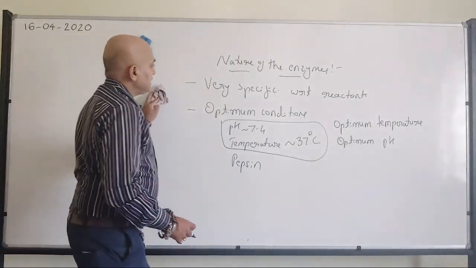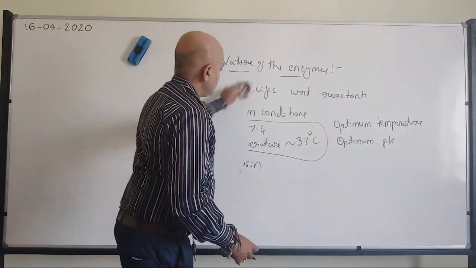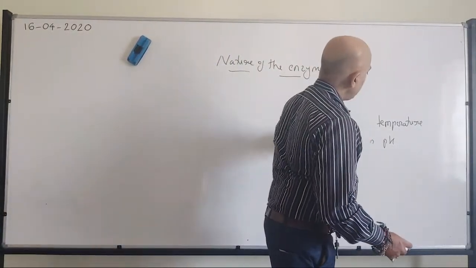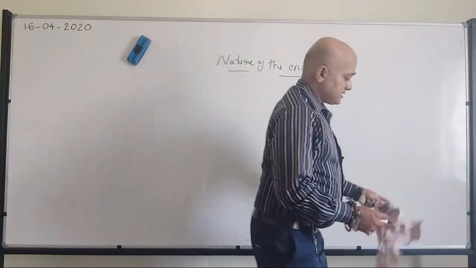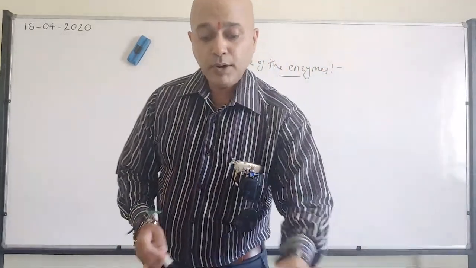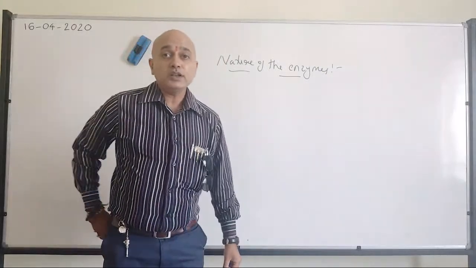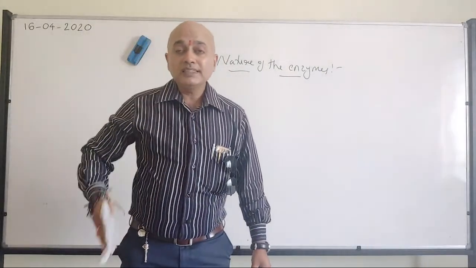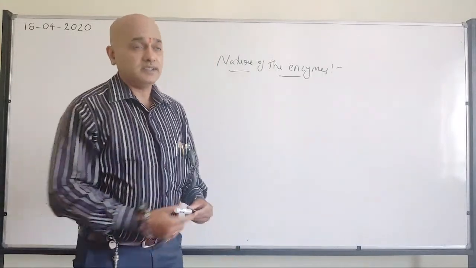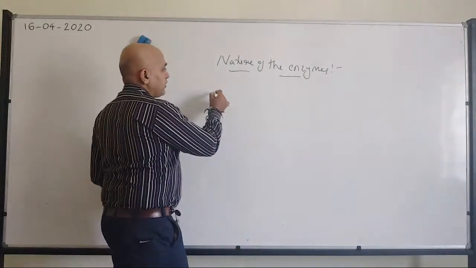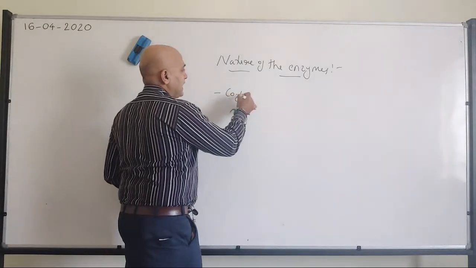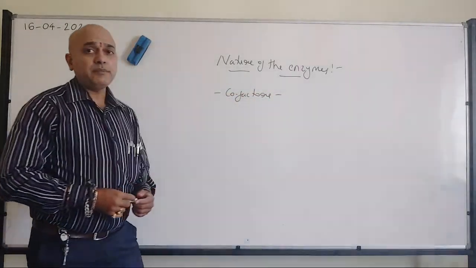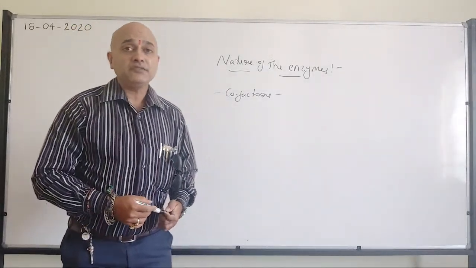Now, another nature of the enzyme here is they require additional elements, which I can call promoters. Now here I can call them cofactors. They require additional elements for their activity.